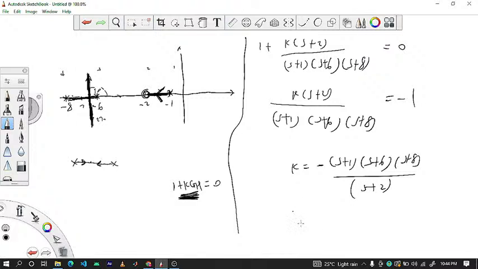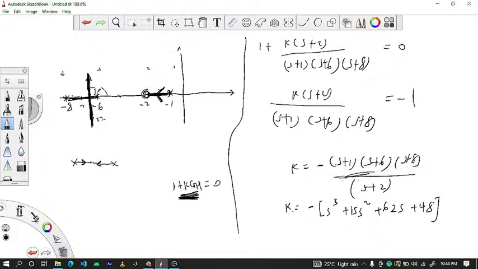I have to simplify this. You multiply everything at the top, and please take time and simplify. You get K equal to negative of (S cubed plus 15S squared plus 62S plus 48) over (S plus 2).